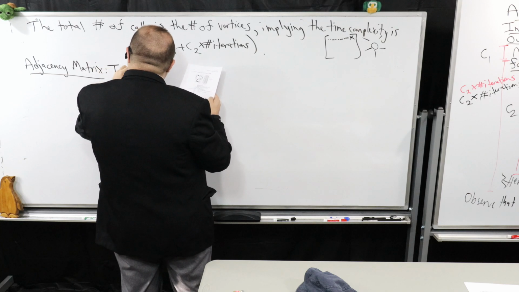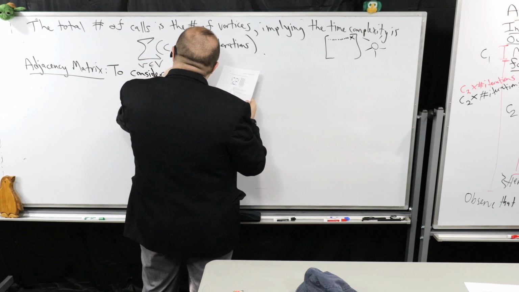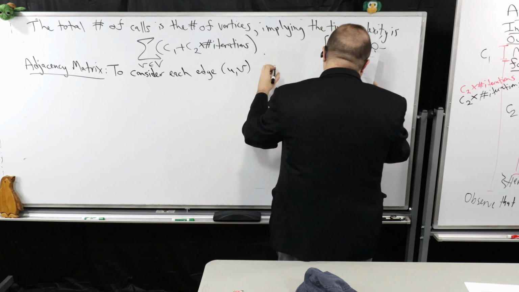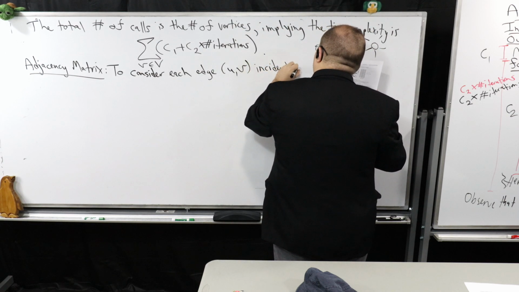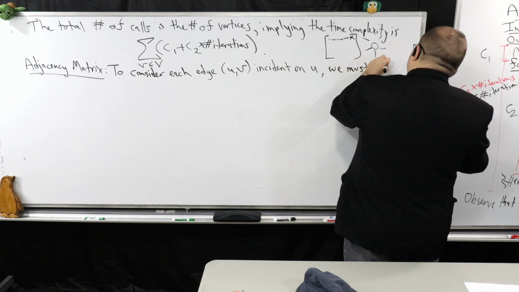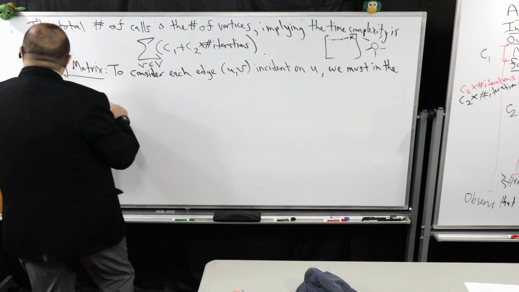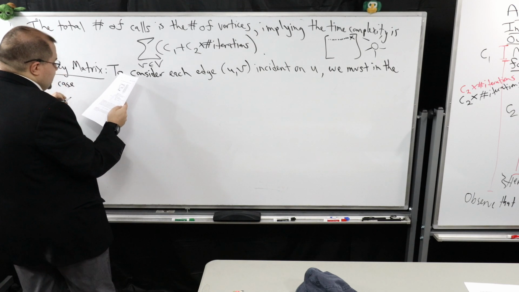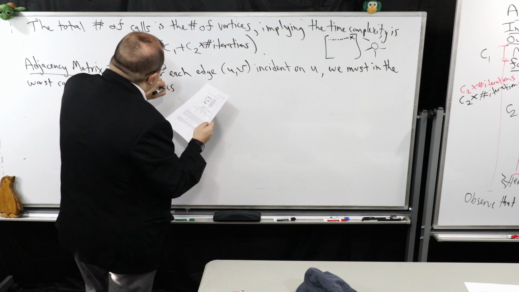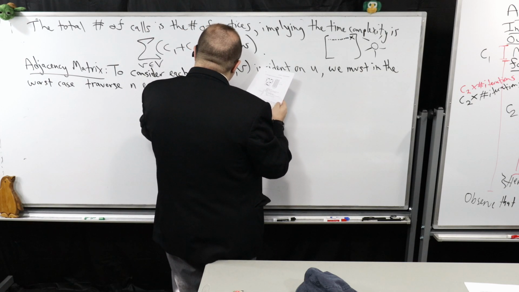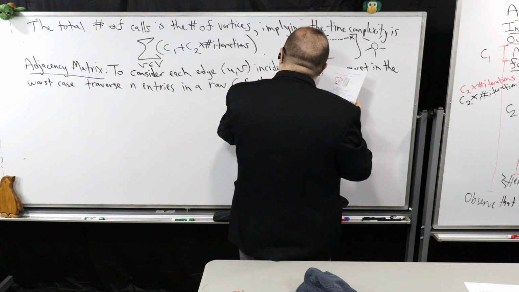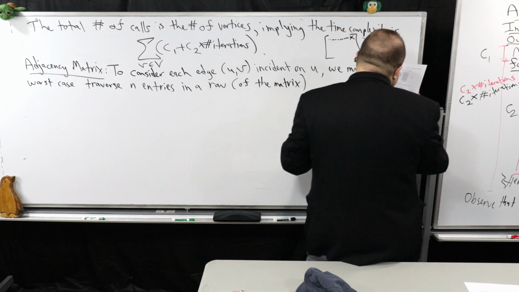So, to consider each edge UV, which is what we do with that loop there, each edge incident on U, we must, in the worst case, traverse n entries in a row of the matrix.